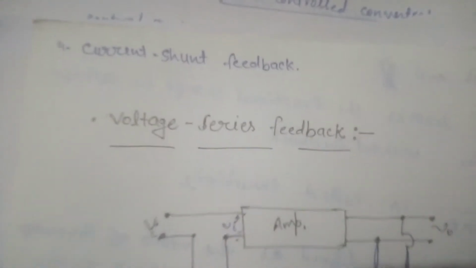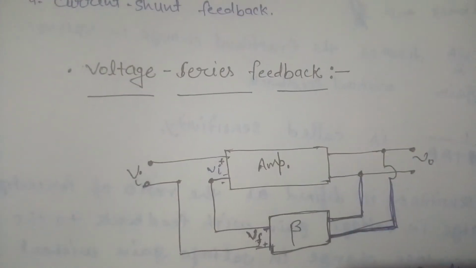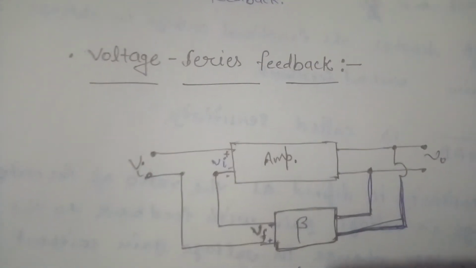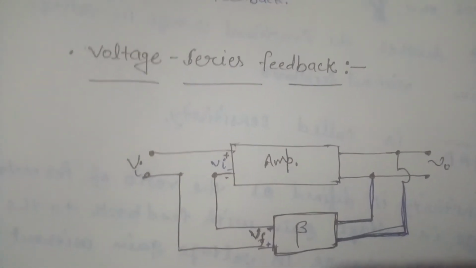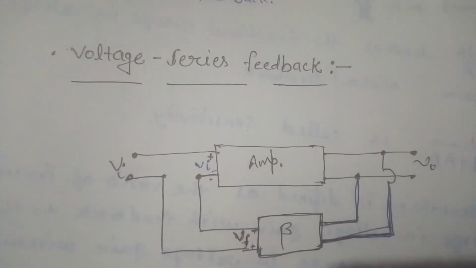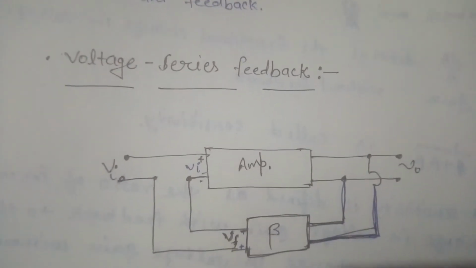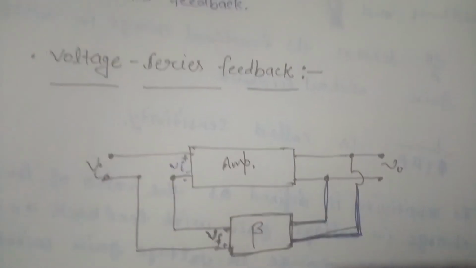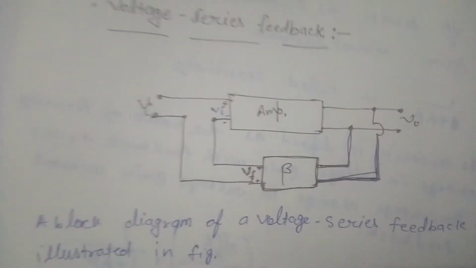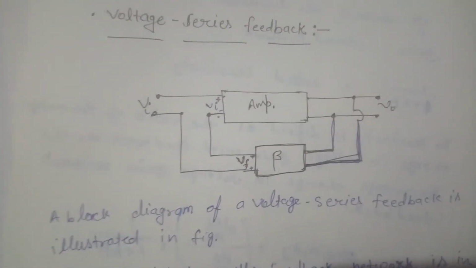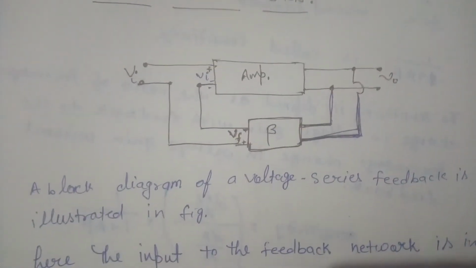Now I'm going to discuss voltage series feedback. This is the block diagram of voltage series feedback. Here is the feedback and the sampler. We are taking the series connection with the input and the parallel connection with the sampler to the feedback network.